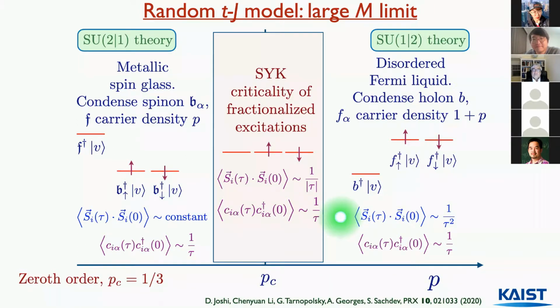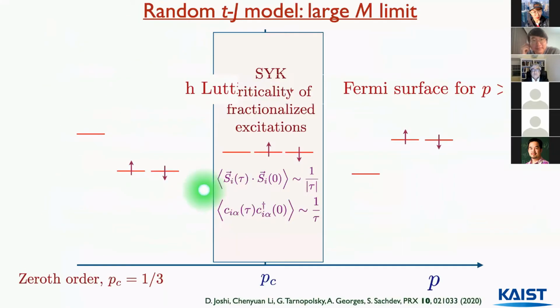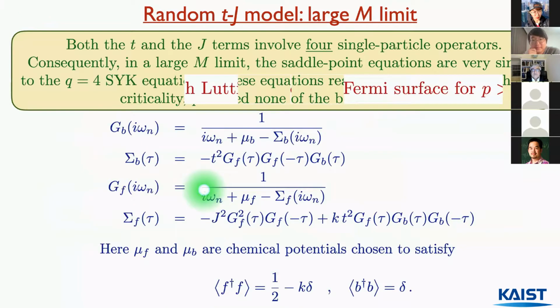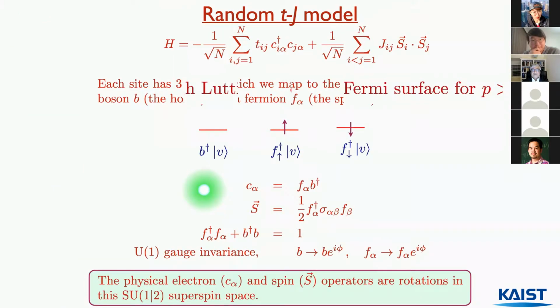My question is very simple and related to the question raised by Hyungsoon. I think your random TJ model is a kind of infinite dimensional model, because every site is connected with each other. I understand that your original motivation came from the cuprates, and many people believe that two-dimensionality is very important for the fluctuations.